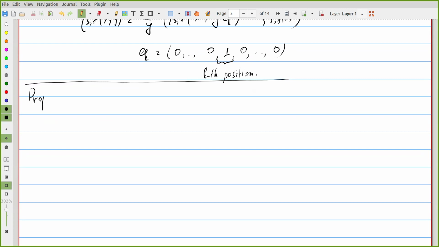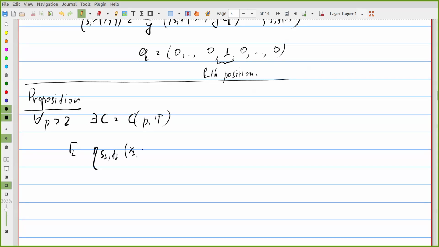For that, I will need a proposition. For any p greater than 2, there exists a constant such that the expectation to the power of p is less than this constant.